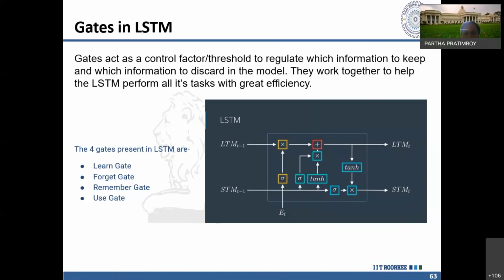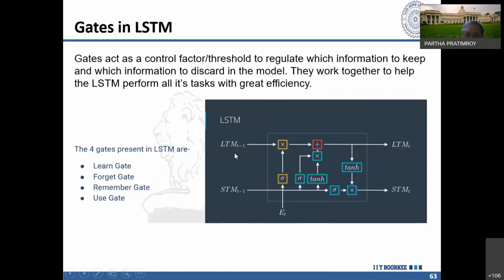The basic principle is that it will combine the previous information. How it is modified, we are going to discuss. Let's consider that this is the full block of the long short-term memory.